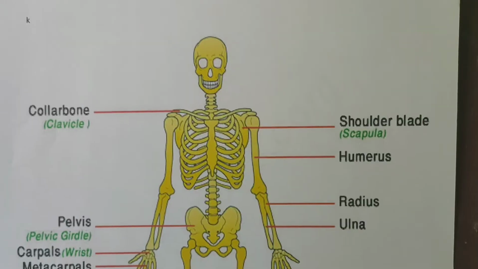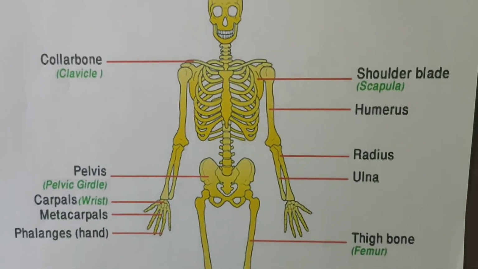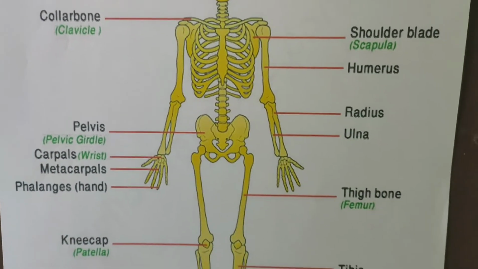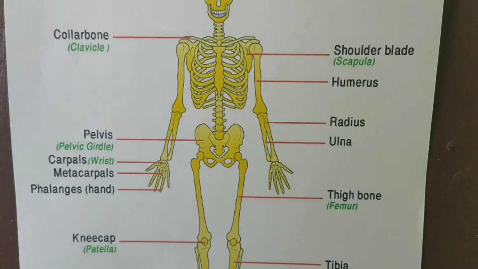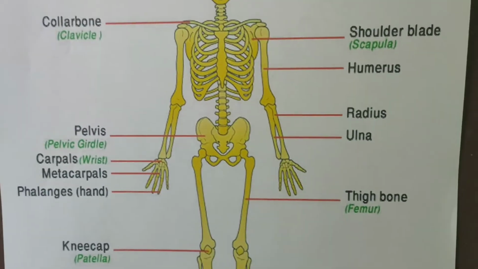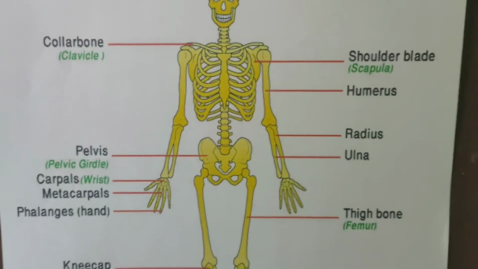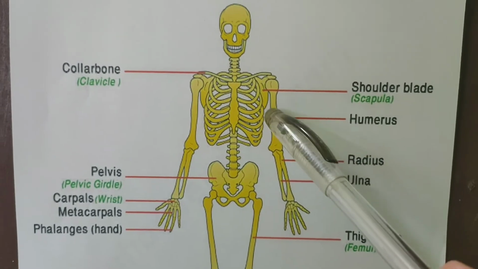Okay? Okay, ngayon naman, andito na tayo sa appendicular skeleton. So, makikita nyo, ang appendicular ay binubuo ng legs, the hands, and also the arms. So, ito yung side niya.